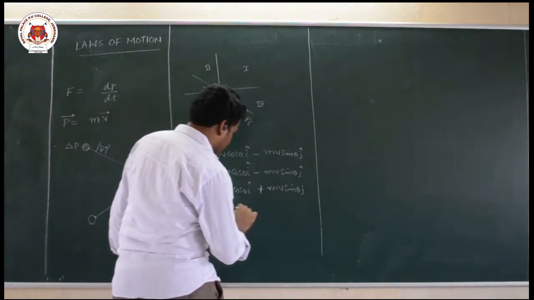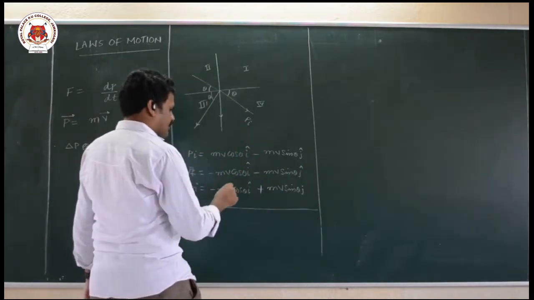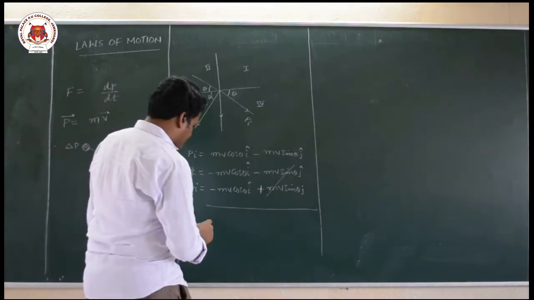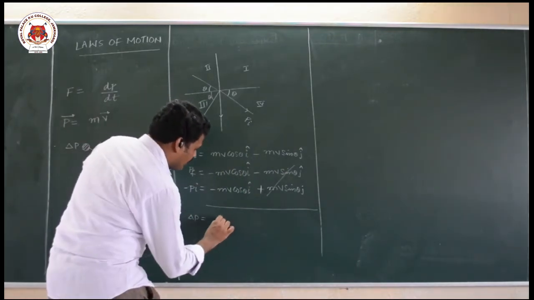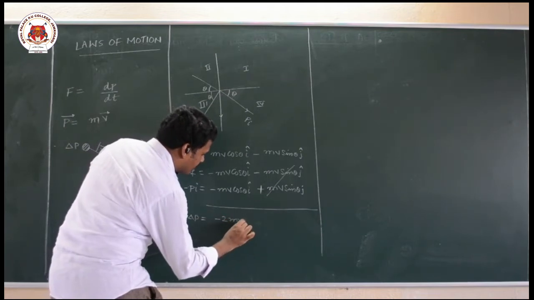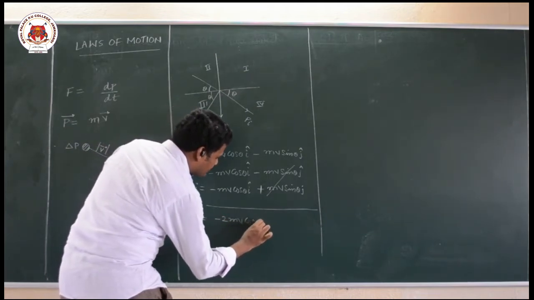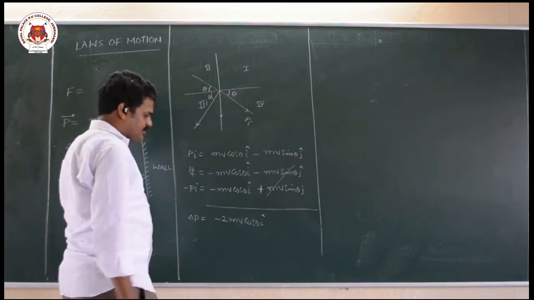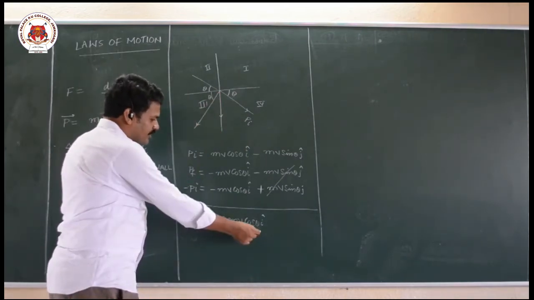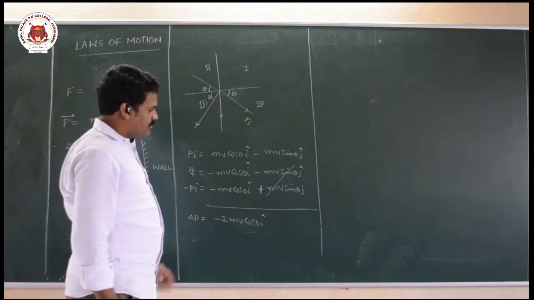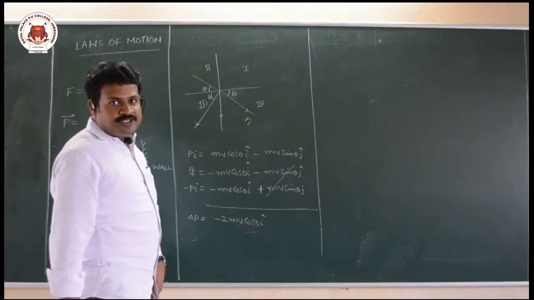If you add these two, the j terms will get cancelled. So change in momentum delta P is equal to minus 2mv cos theta i cap. Change in momentum is only along the x axis, opposite to the direction of its motion, and it is minus 2mv cos theta. So like this you have to calculate change in momentum.